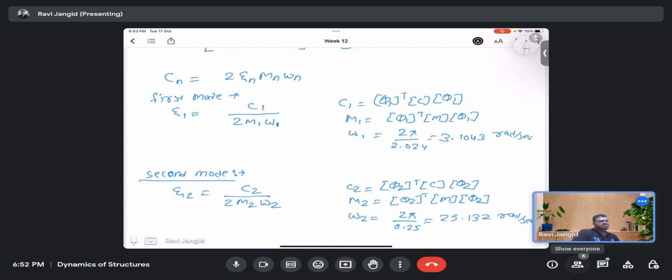So now calculate C1, M1, C2, M2, and using that calculate the damping and give me the answer.